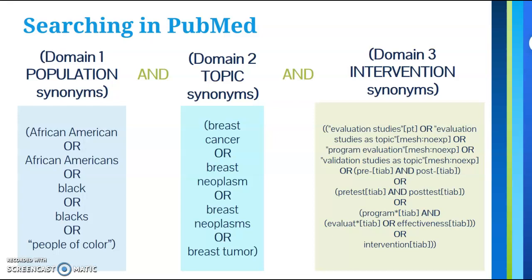For intervention though, you could do intervention or treatment or inequity or disparity. So these are all things that are maybe not necessarily synonyms, but they're different ways to say that same topic that you're looking for.